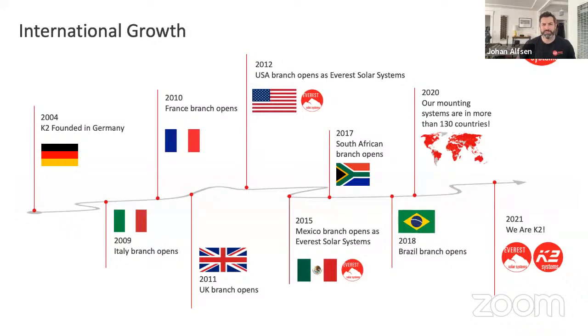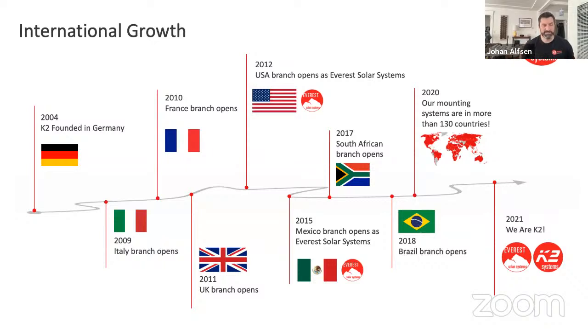Some of you might see that our name is K2, but we were very well known in the US and in Mexico as Everest. I just wanted to explain that lineage. We're an international company and we've actually always been K2. K2 was founded in Germany in 2004 and started growing into other branches all over Europe, opening in Italy, France, the UK, and then eventually in the United States and Mexico.